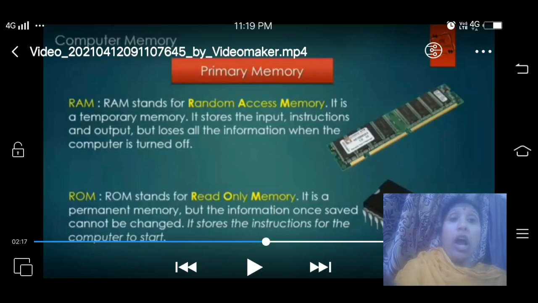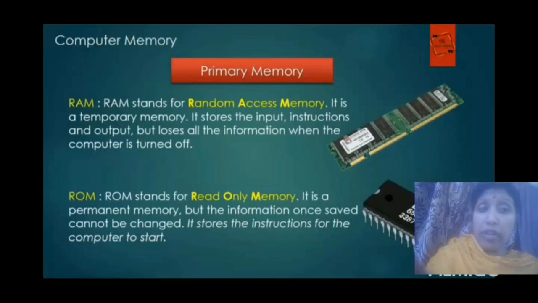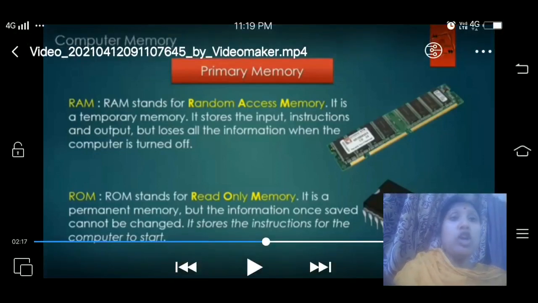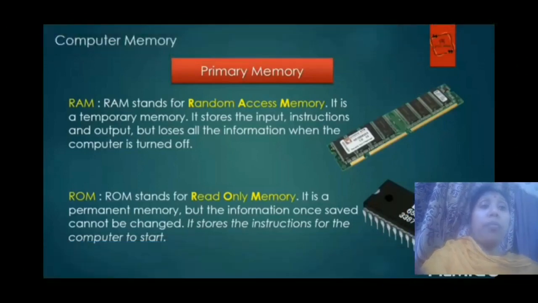Because of no light, your computer will turn off, and when you come back to the computer, you will not see whatever you have drawn, you will not find it, because you have not saved it, right? So whatever you keep in primary memory, whatever work you do, it will not be stored permanently.